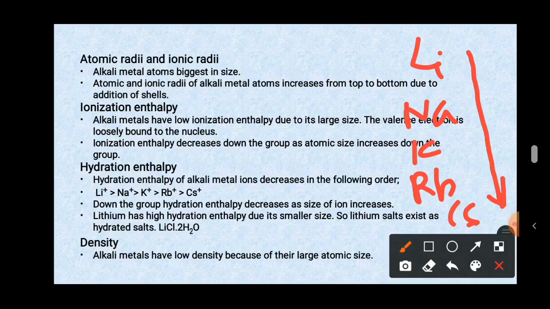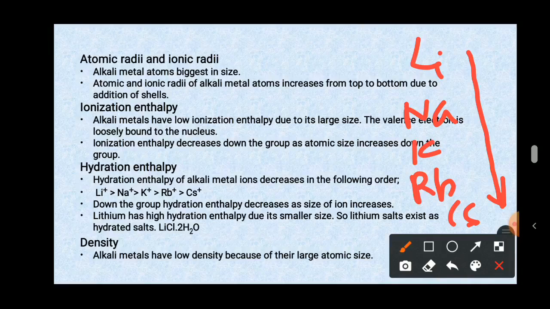It is ionization enthalpy, or ionization energy. Now, what is the definition of ionization enthalpy? This I also already explained in chapter 3, the classification of the periodic table. Ionization enthalpy is nothing but the amount of energy required to remove the electron from the outermost shell.